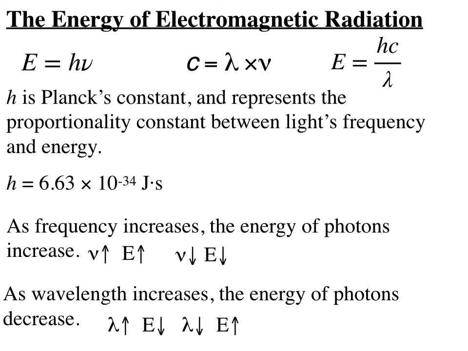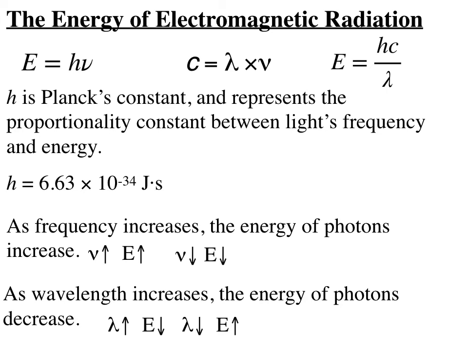What this is saying is that the energy of light is inversely proportional to the wavelength of light. So energy is inversely proportional to wavelength. Energy is directly proportional to frequency.